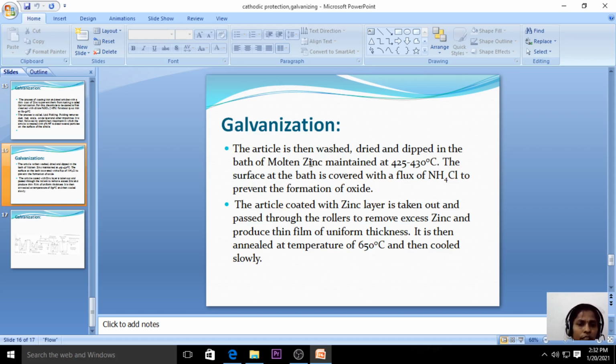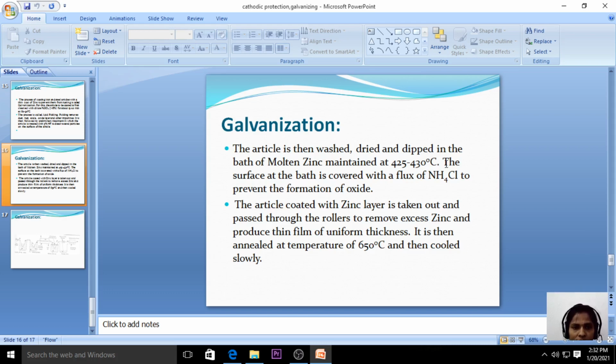When we are dipping the base metal in the molten solution of zinc, we are maintaining the temperature at around 425 to 430 degrees centigrade. Now the surface of the bath is covered with a flux of ammonium chloride. The container holding the zinc solution is covered with the ammonium chloride flux.